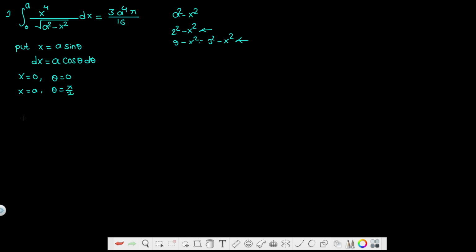So our integral, let it be I, equals the integral from 0 to pi over 2, and in place of x to the power 4 we can write a to the power 4 sin theta to the power 4, over the square root of a square minus, and in place of x square we can write a square sin square theta, and in place of dx we can write a cos theta d theta.